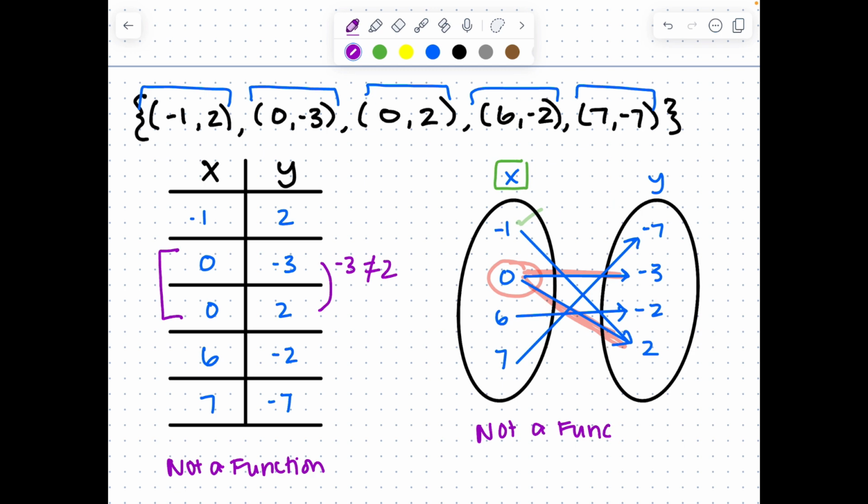We don't even have to check the other ones. As soon as you find an input that has more than one output, then not a function. Now, we had already looked at the table. We already knew this was not a function. But now you can see both ways of doing this. So that is our kind of primer on relations and intro to functions.